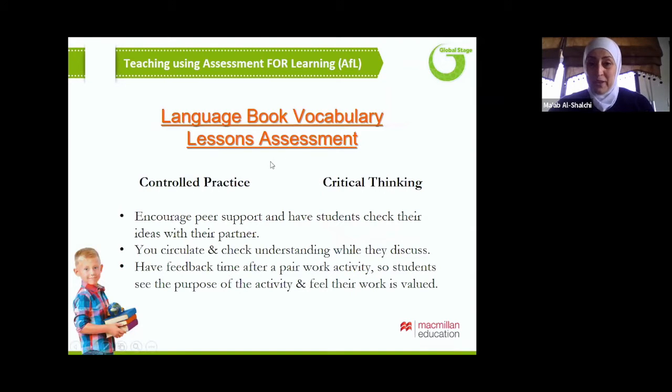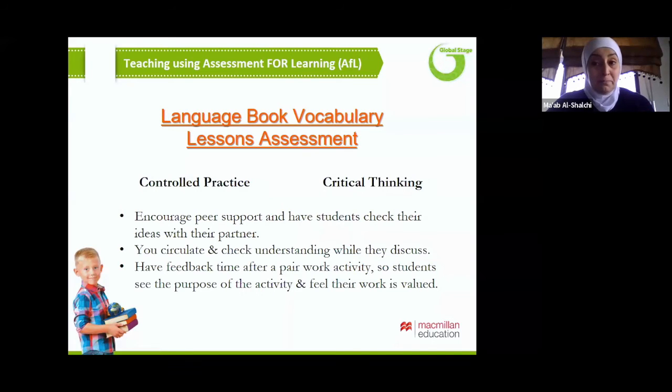For the language book vocabulary lessons assessment, you've got parts where it's controlled practice and parts where it's critical thinking. What do you do when you have an activity of controlled practice or another activity of critical thinking? You encourage peer support and have students check their ideas with their partners, and they can use their first language.